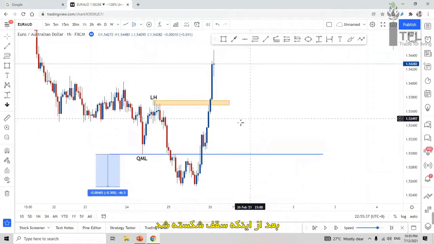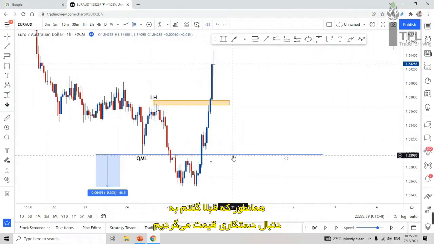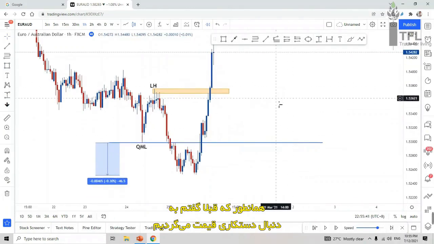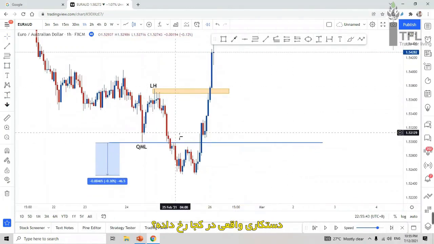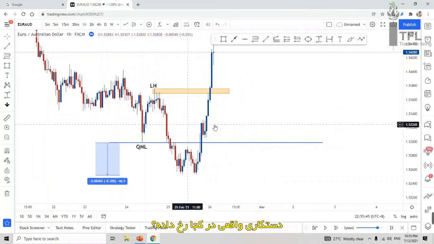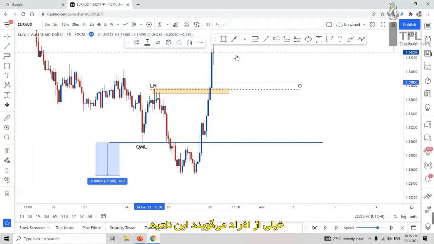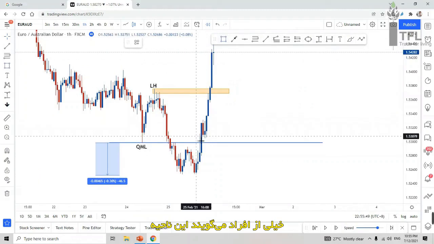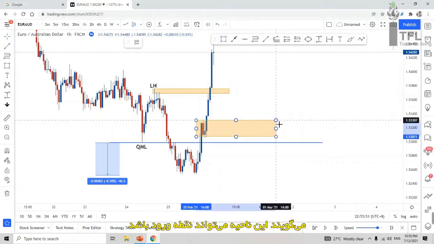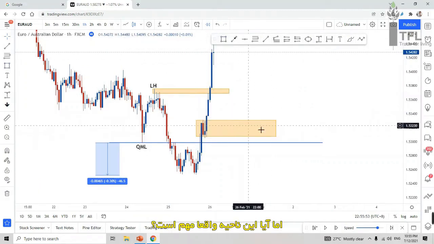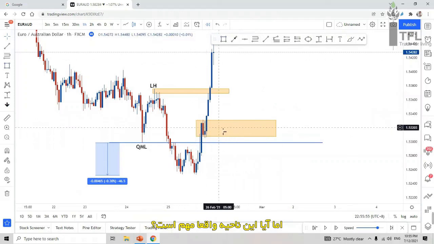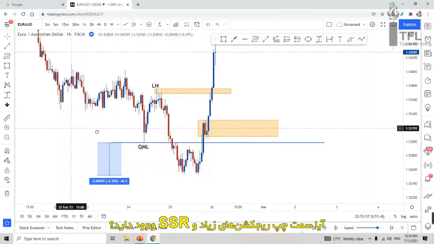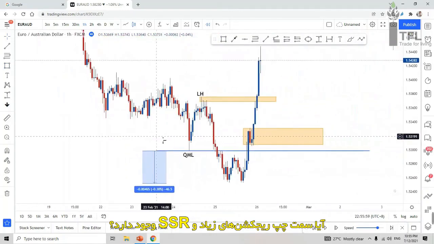So when it breaks the high, now we are looking for what I told you. We are looking for the manipulation. In this case, where is the actual manipulation? A lot of people will argue this is the zone. This might be an entry. But is this really important? Does it have any significant support, resistance, or any rejection behind?